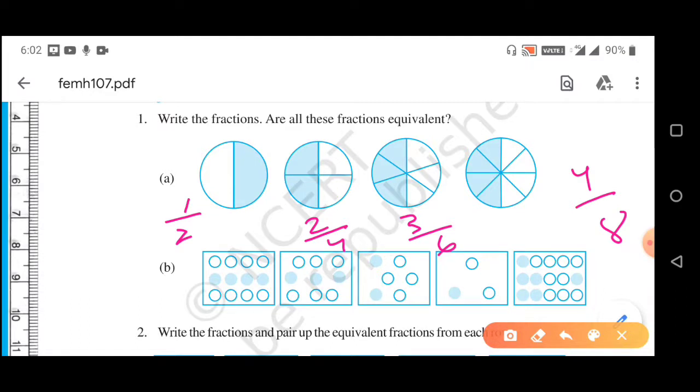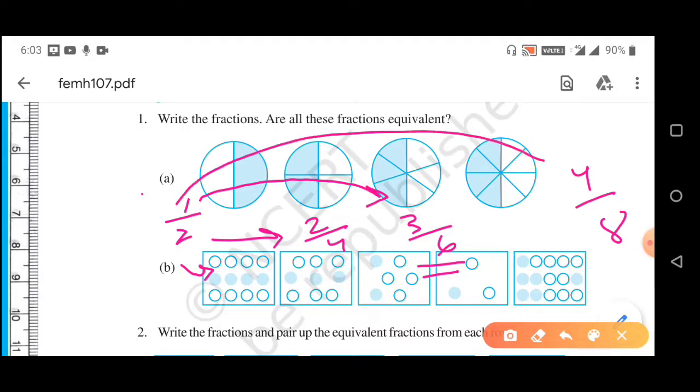So suppose, here from half, by multiplying numerator and denominator by 2, we will get 2 by 4. By multiplying numerator and denominator by 3, we will get 3 by 6. By multiplying numerator and denominator by 4, we will get 4 by 8. So we will get it like this.